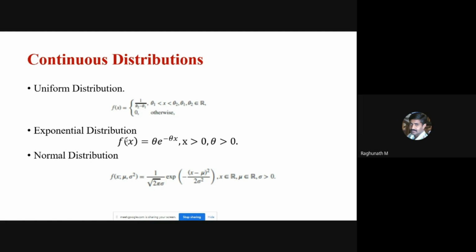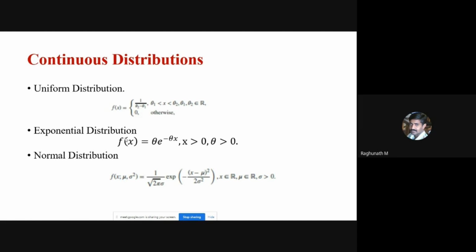I think many of you have come across this distribution in your courses. This is one of the standard distributions which we are going to discuss. Coming to the next one, the celebrated one is the normal distribution. This is heavily used and has a lot of applications in real life situations, hence it is called the celebrity distribution.